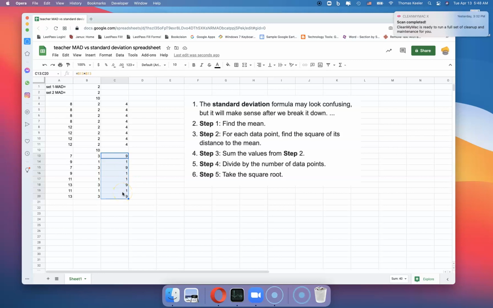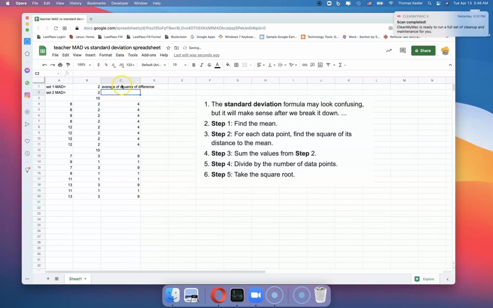Now what we have to do is take the average. They show it here in 2 steps: add everything up, and then divide by the number of data points. Steps 3 and 4 we can do easily, though. We can just do average of squares of difference. Let's make this column a little bigger.